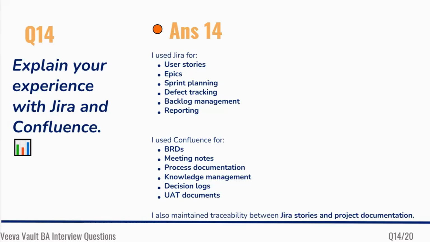In Jira, you can track user stories, epics, sprint planning, defect tracking, backlog management, and reporting. These are all activities maintained in Jira. A Confluence page is where we track workflow notes, meeting notes, knowledge transfer recordings, decision logs, and UAT documents. All the notes or summaries of change items you can find on the Confluence page, so it's very easy to handle.